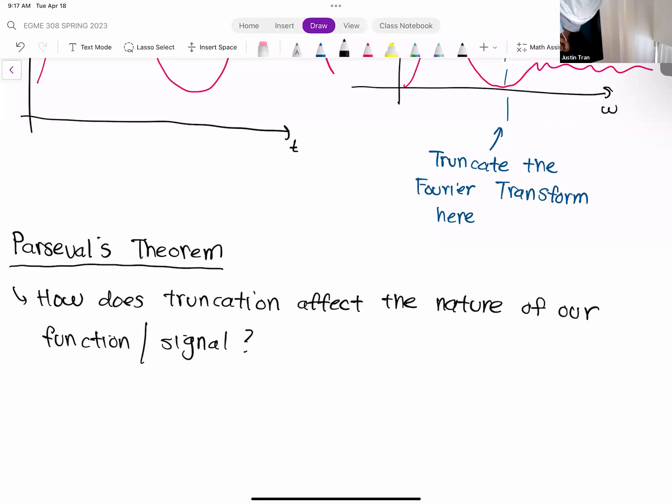Obviously, it has a smoothing effect. We just saw that with the low pass filter.